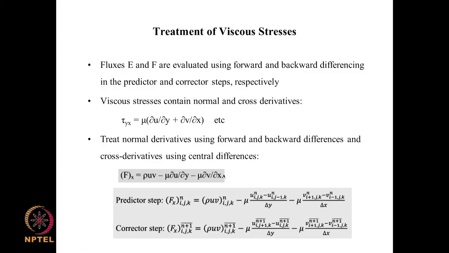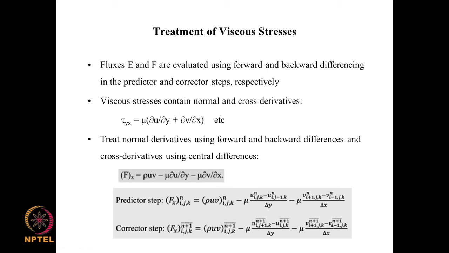So, that makes it a cross derivative, and cross derivatives must be evaluated using central differences, and therefore, we write this dou square by dou x dou y term as v i plus 1 minus v i minus 1 by 2 delta x at n, and in the corrector step again it is v i plus 1 minus v i minus 1 by 2 delta x, the same idea here.